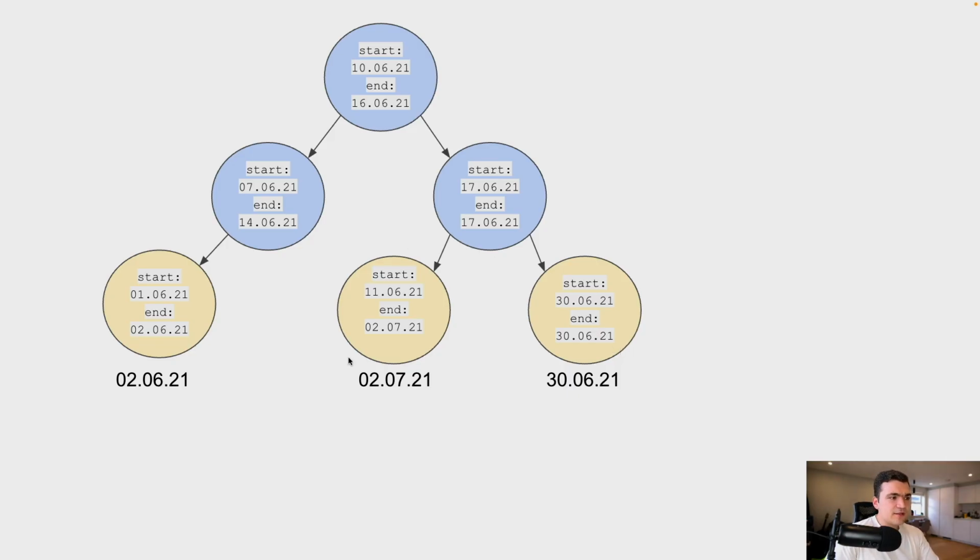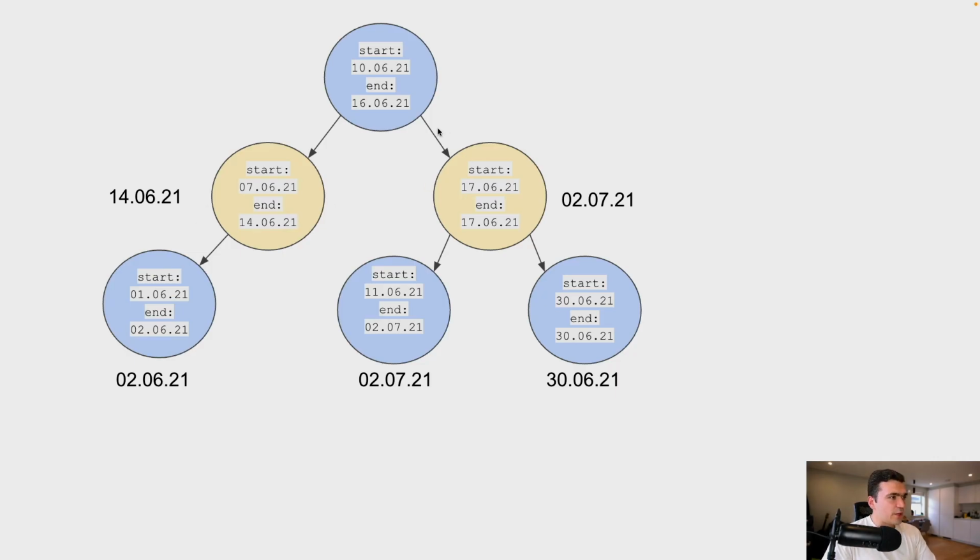We need to find the maximum of the children for this node. Here we see that this node has only one child, and the maximum for this node is the 2nd of June. So we determine the maximum of these two nodes and place it here, and we also determine the maximum between these two nodes, which is the end date here.